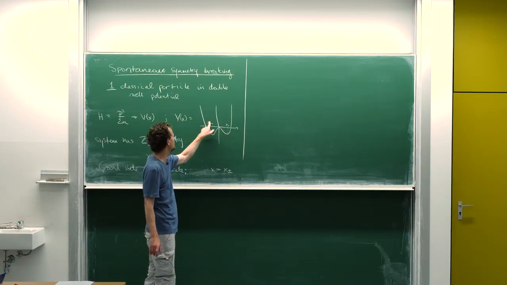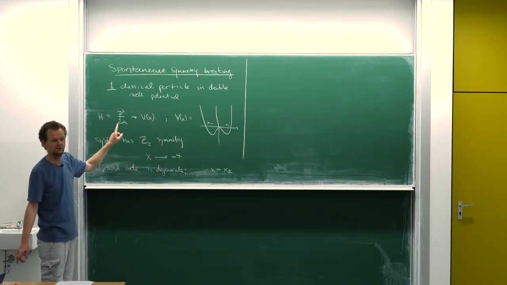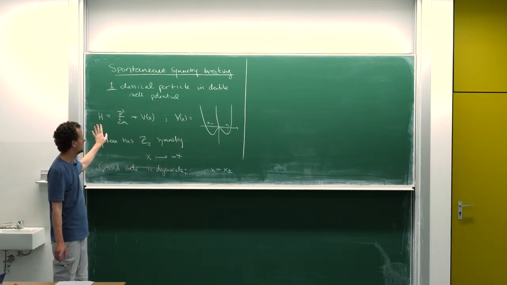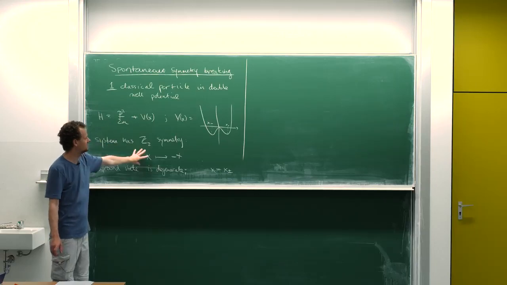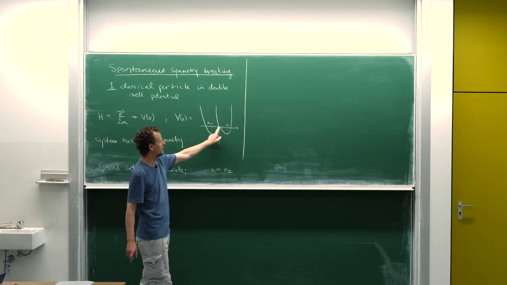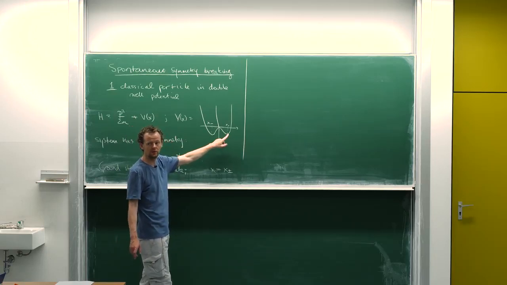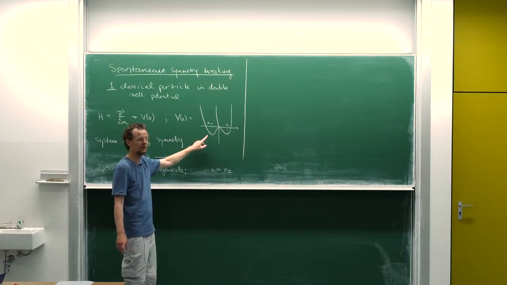The particle is either here or there. So there's no one unique ground state for the system. Even though the system has this symmetry, each ground state breaks that symmetry, so you have to choose which local minimum you're going to go into, and then once you've done that, you've broken this Z2 symmetry of the model.